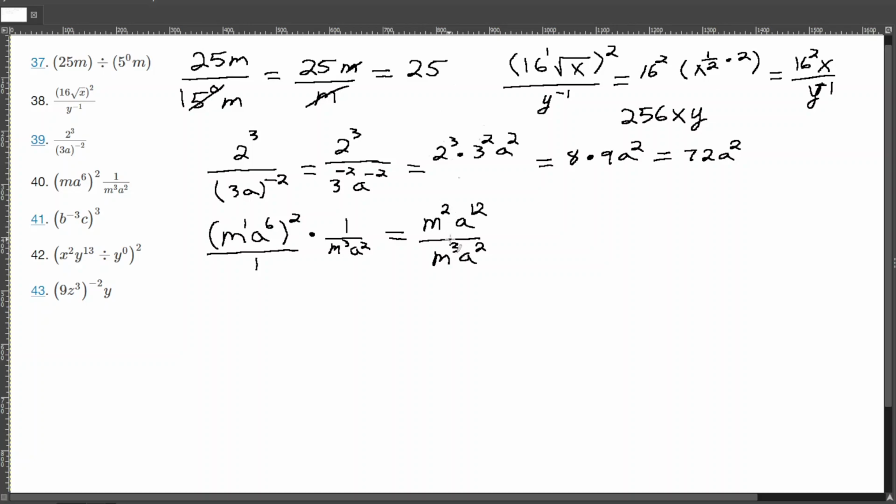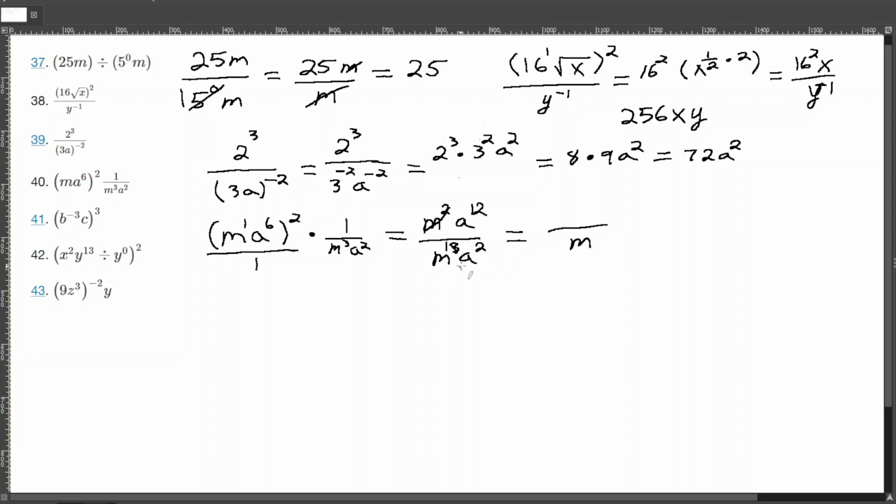So the m should be to the 1st power on the bottom, but the way I like to do it is I can cancel 2 of these m's for 2 m's down here. So if I cancel 2 of them here, that's m to the 1st power. So in my fraction bar, I have m downstairs on the denominator.